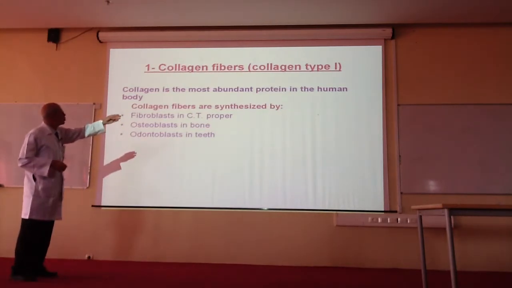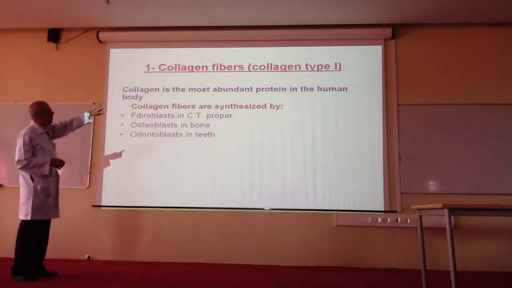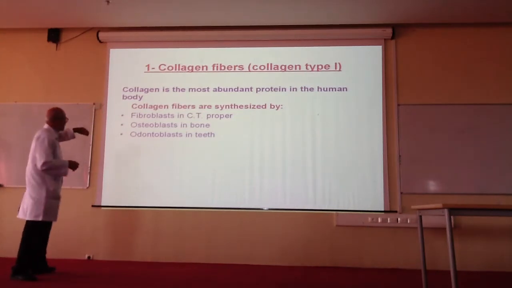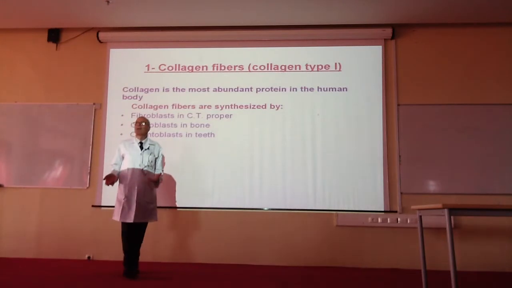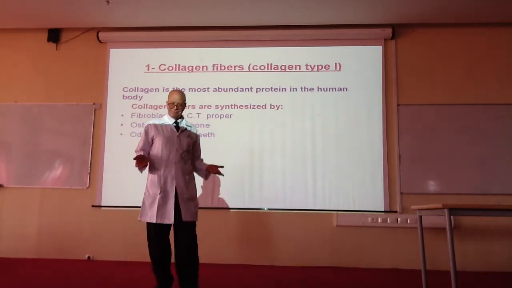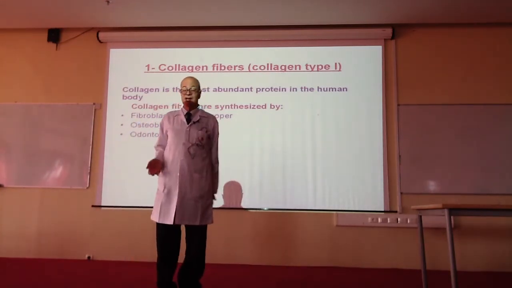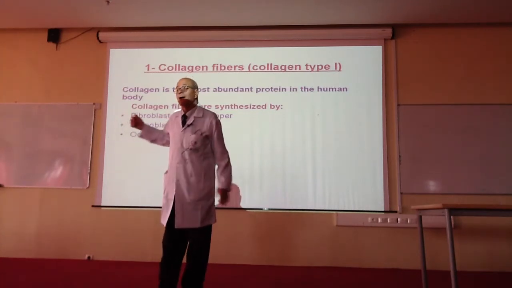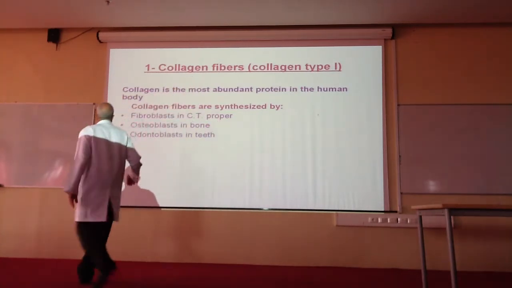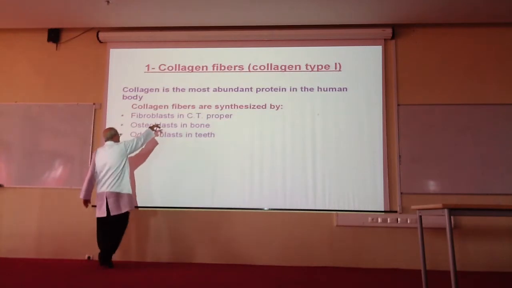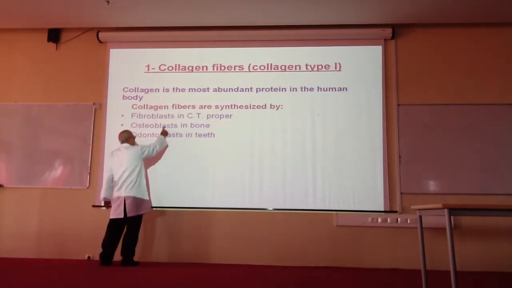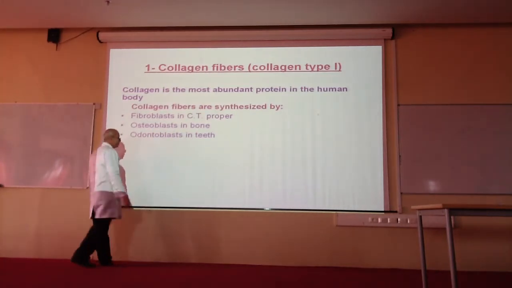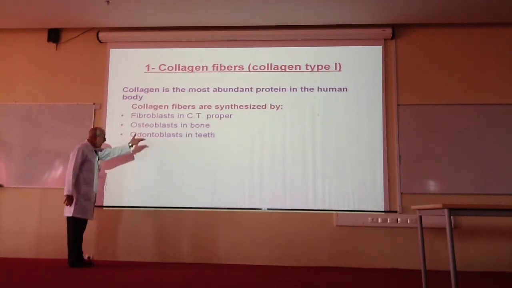In connective tissue, who forms the collagen type 1 fibers or the white collagen fibers? Fibroblasts. The fibers also are present in bone. Bone is rich in collagen. Who forms collagen fibers in bone? Osteo means bone. Blast is the active cells in bone. Active secretory cells. Odontoblasts.